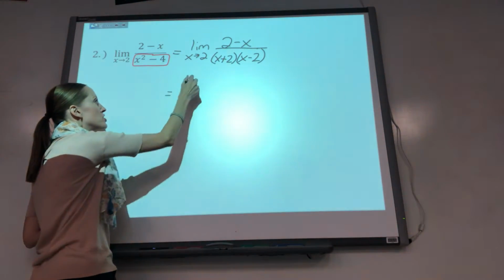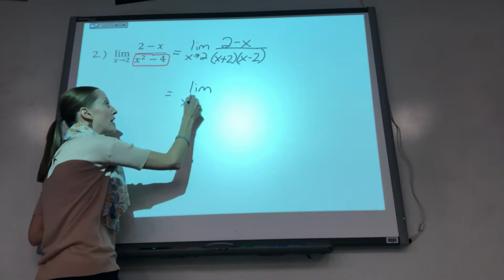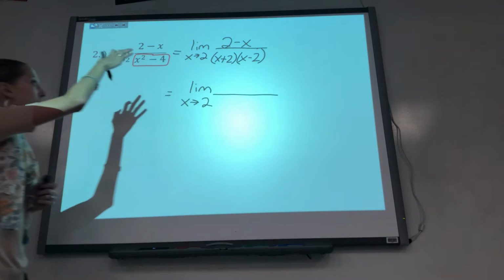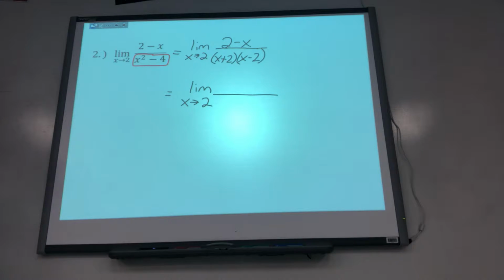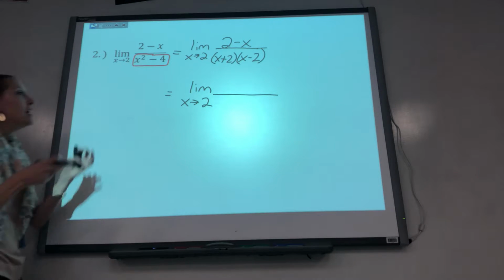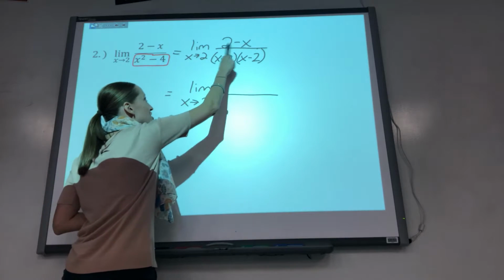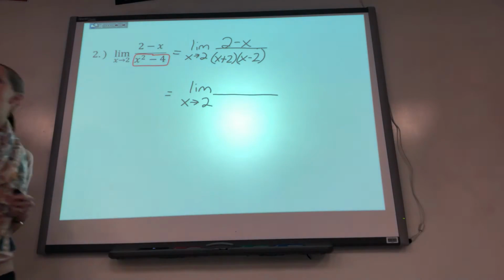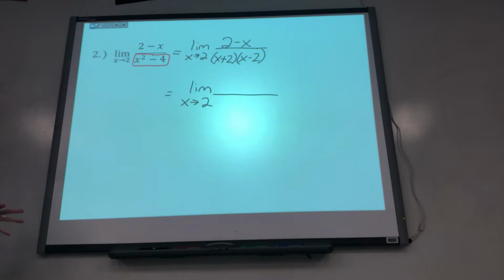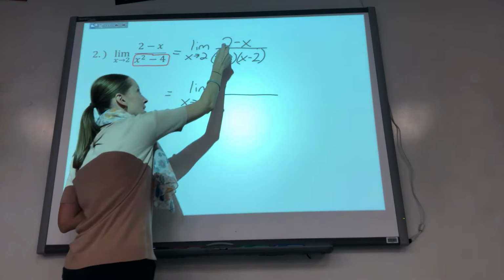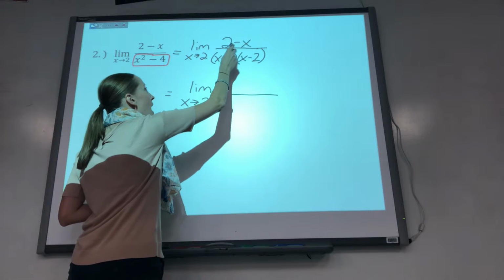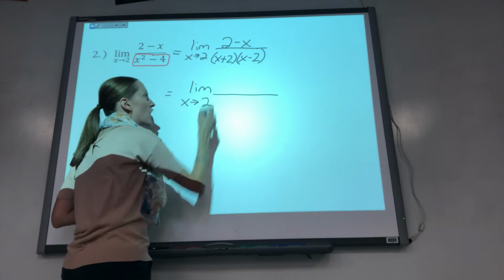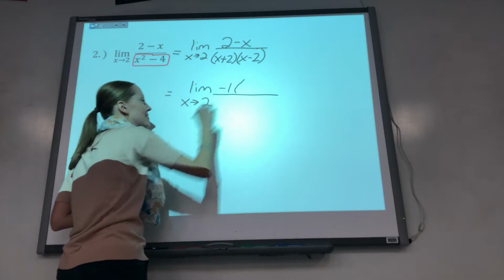So I'm going to show you a little trick that you can do on top, or I guess you could do it on bottom, but I'm going to do it on top to show you how to change 2 minus x to be x minus 2. It's not the same thing, but we could pull a -1 out of both of those terms. Let me show you what that's going to do.